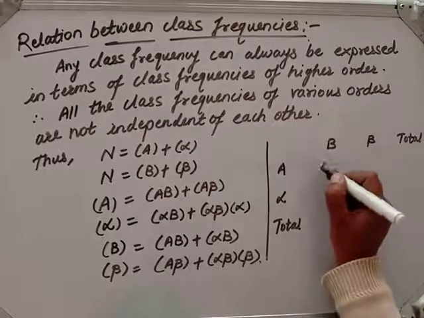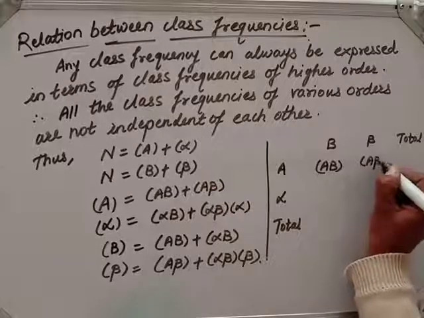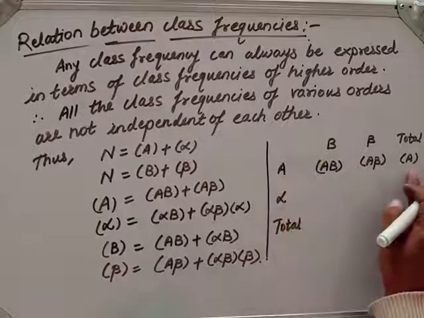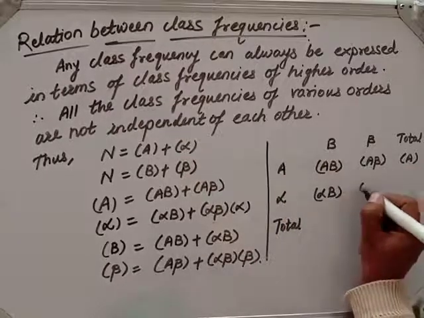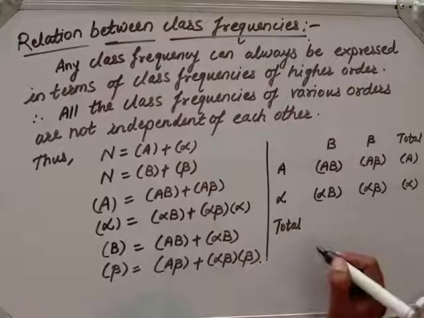So A into B is here, here A beta, and the total is A. Here it is alpha B, here alpha beta, and the total is alpha.